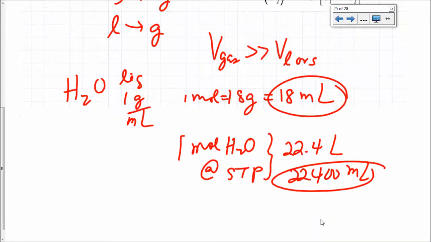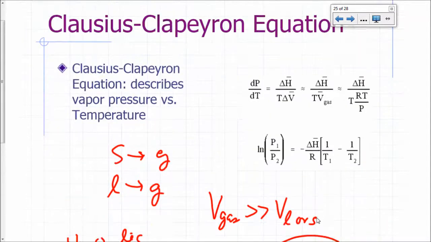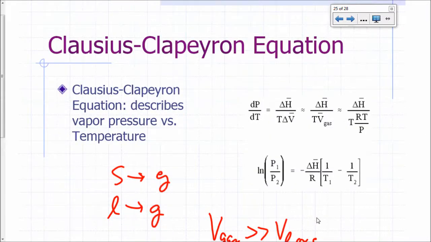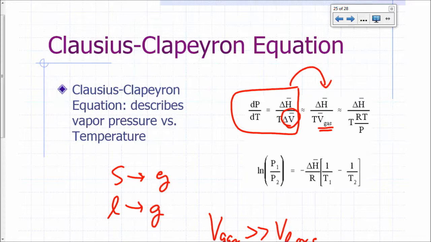The 18 mils is negligible, right? So what we're saying then is that the delta V is essentially just the volume of the gas. Okay? So dP dT equals delta H over T delta V, that's your Clapeyron equation. When you make this jump right here to this approximation, you're on your way to deriving what's called the Clausius-Clapeyron equation.